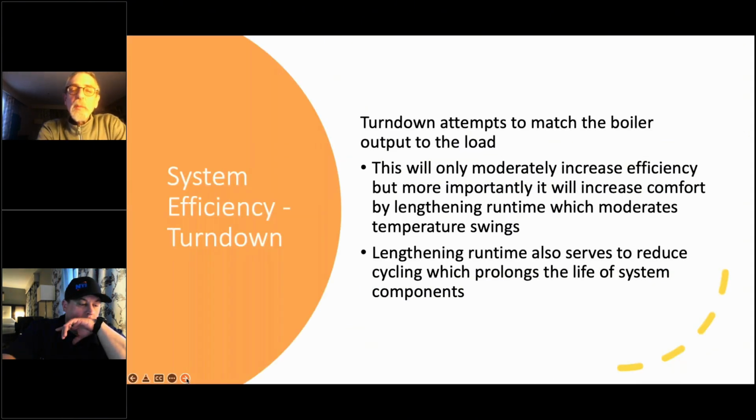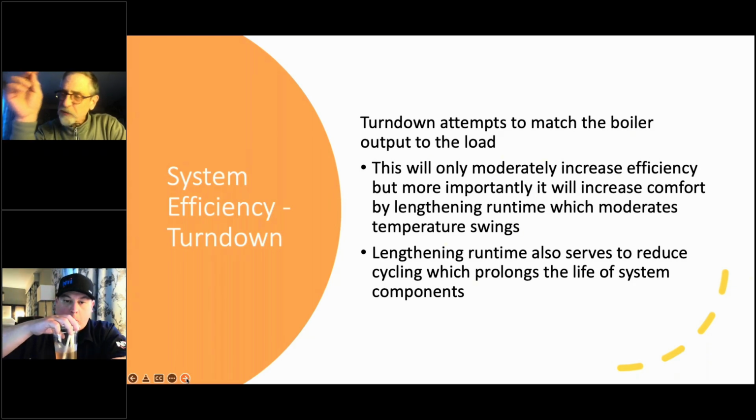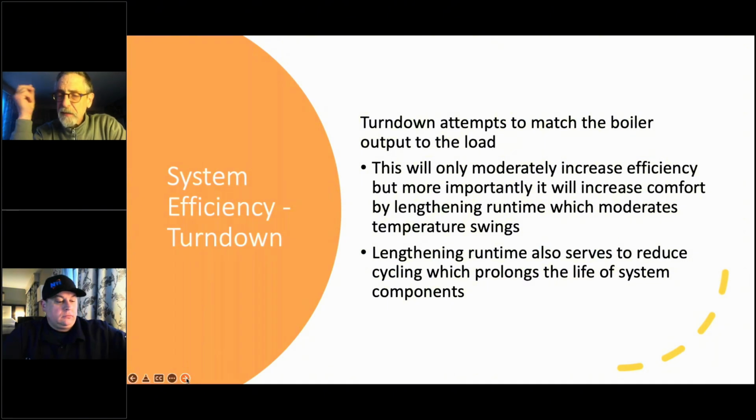So to summarize, turn down is going to attempt to match the boiler output to the load. From a system efficiency point of view, there's really only going to be a moderate increase from turn down only.